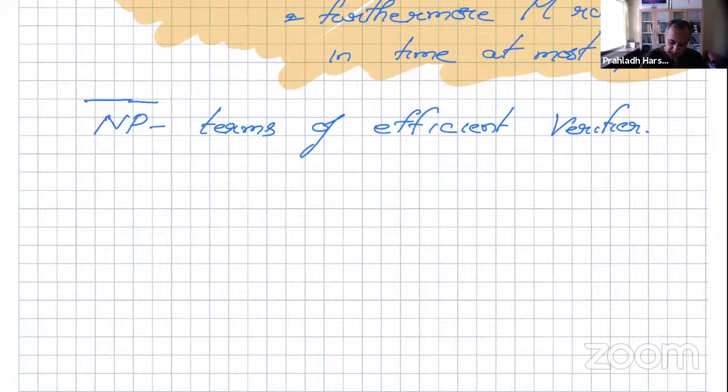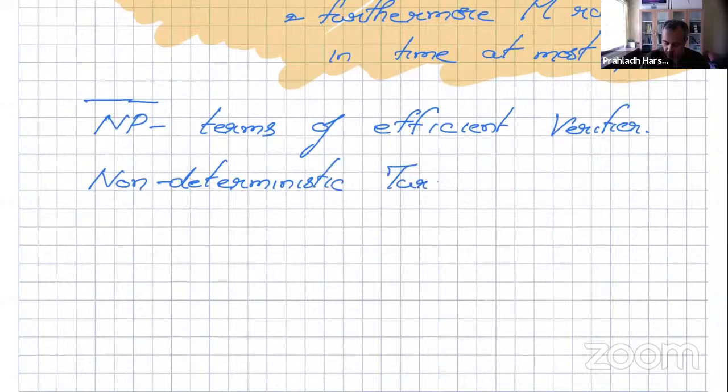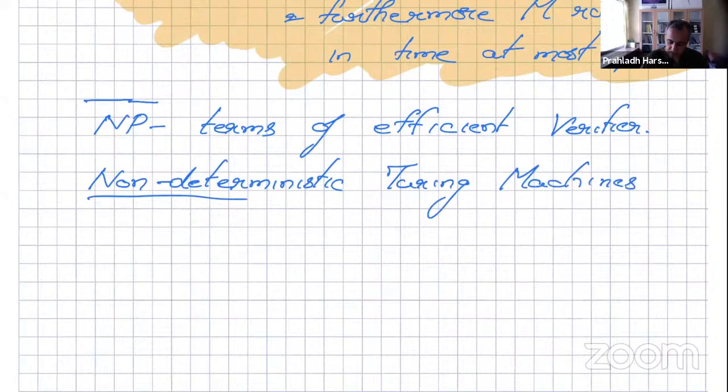NP was defined in terms of what are called non-deterministic Turing machines. So what's a non-deterministic Turing machine?